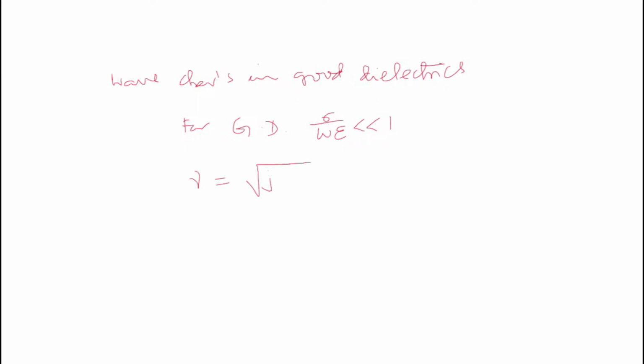Gamma equals under root j omega mu into sigma plus j omega epsilon. The sigma can be neglected here, as sigma by omega epsilon is less than 1, so sigma is less than omega epsilon. Then it can be written as under root j omega mu into j omega epsilon.